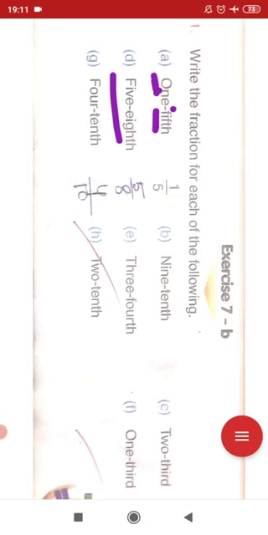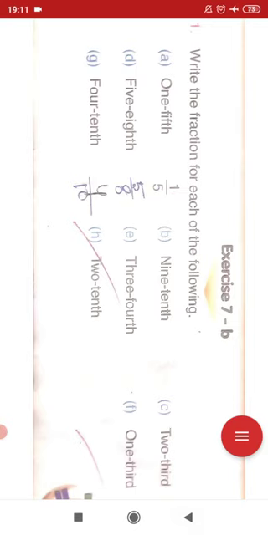First one is the numerator, and this one is the denominator. So write 1 as numerator, 5 as denominator. You know that the number on the bottom is called the denominator, so 5 is the denominator, and the number on the top is the numerator. So that is how to write the fractional number. I hope that you understood.